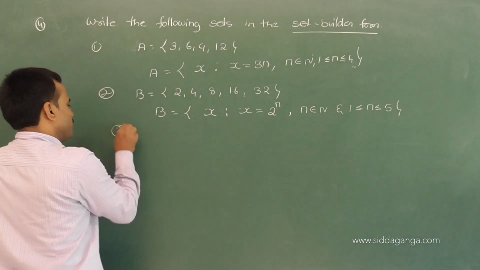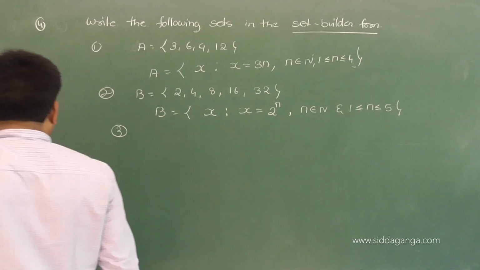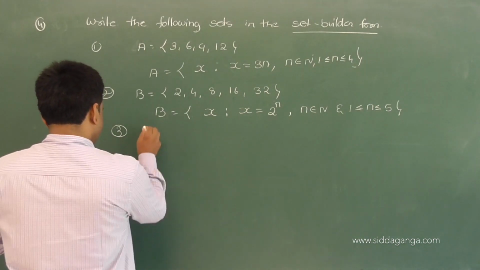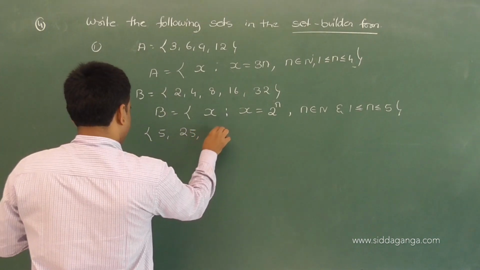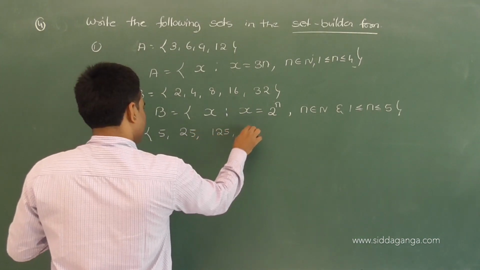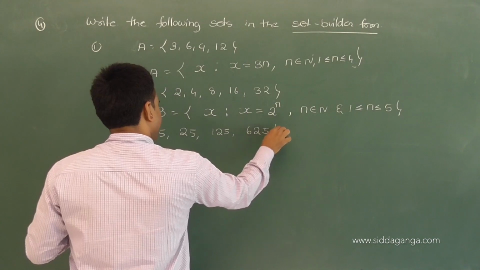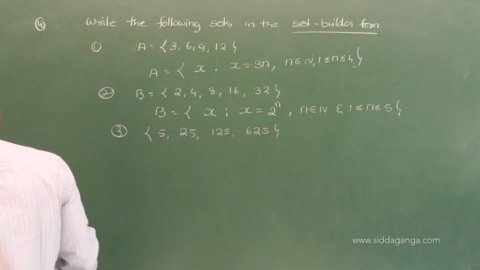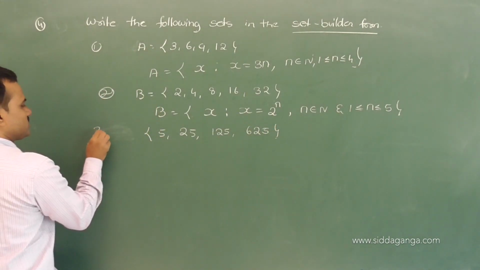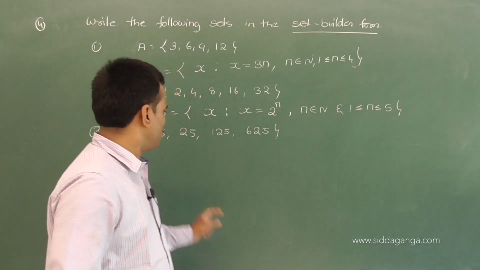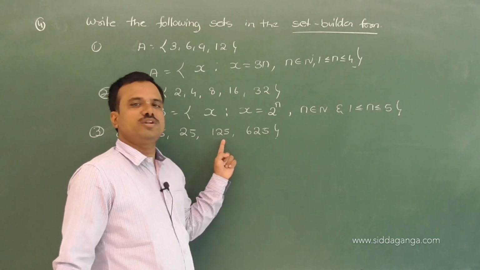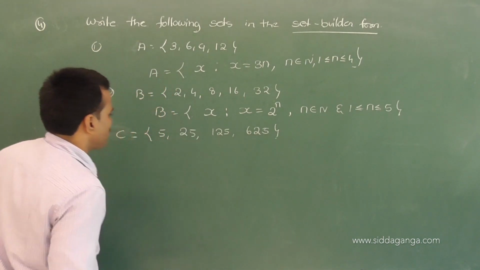One more problem. Third problem. 5, 25, 125, 625. We can write this set and represent it as C. C is equal to 5, 25, 125, 625. Same problem.